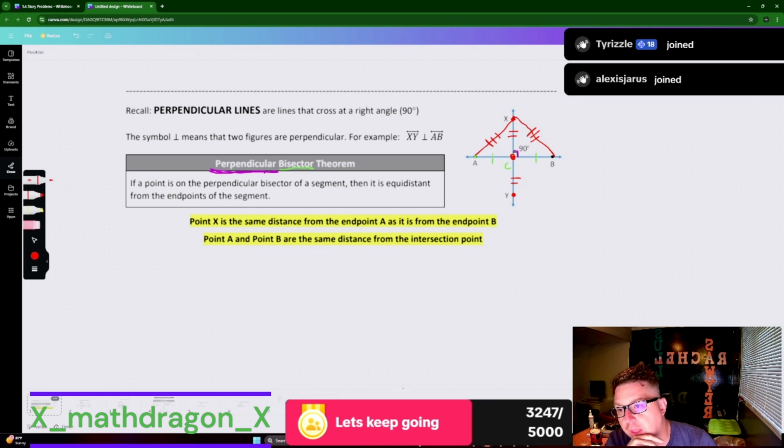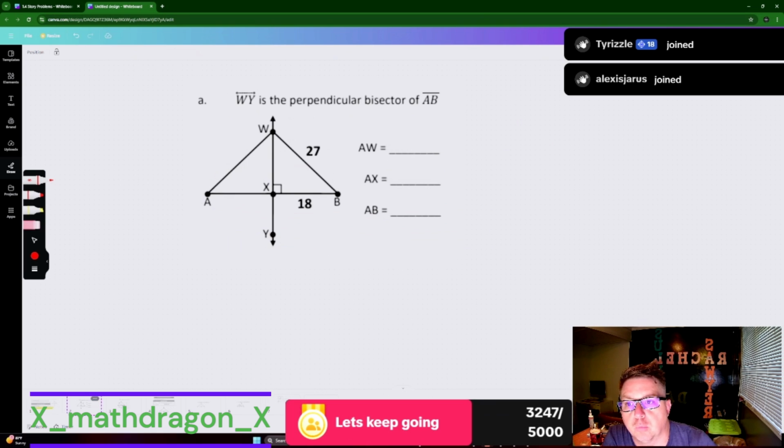It's a tool that's going to help us apply information to these types of problems. So how can we help with this? It says WY, this line coming through, they're telling you, is a perpendicular bisector.